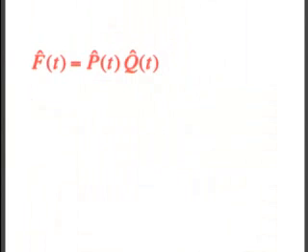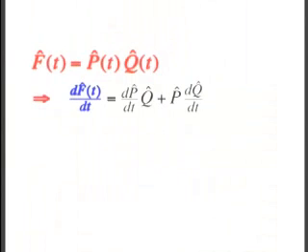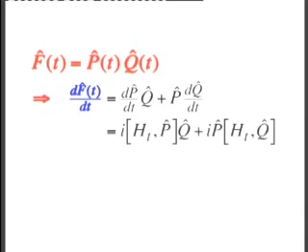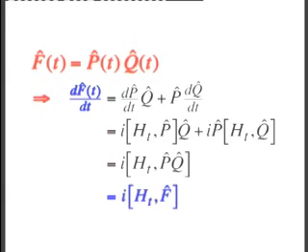What if f is the matrix product of two things that obey the law of motion? Well, then d by dt of pq equals d by dt of p times q plus p dq by dt. And since p and q obey the laws of motion, multiply that out and you'll see that it's i times the commutator of h with the product pq, which is i times the commutator of h with f again. So the upshot is, however f is composed out of observables obeying our equation of motion, f obeys it too.